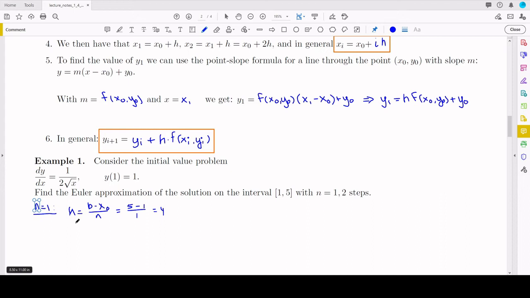Normally the h is a very small value, but this is just for illustrative purposes. So now we can use the formula over here to list all the x sub i's.